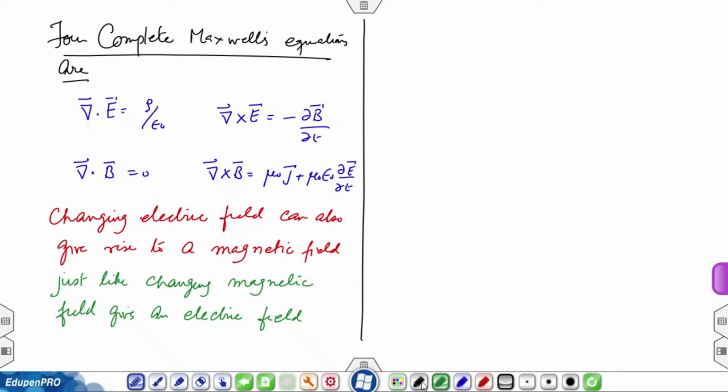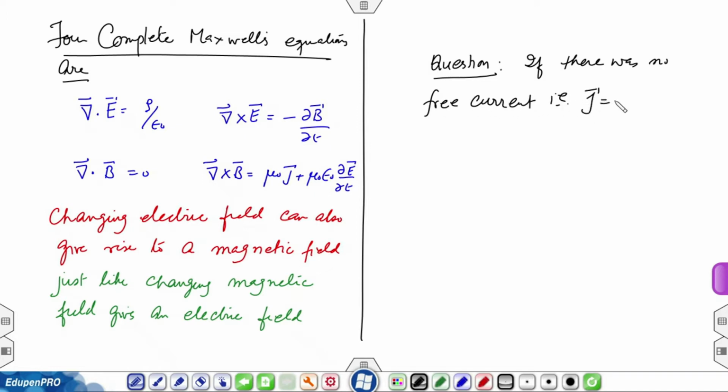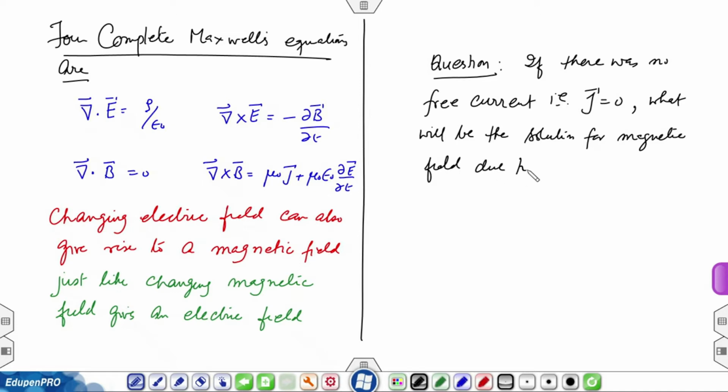Let me ask you a question here. If there was no free current, that is J is equal to 0, what will be the solution for the magnetic field due to dE by dt?